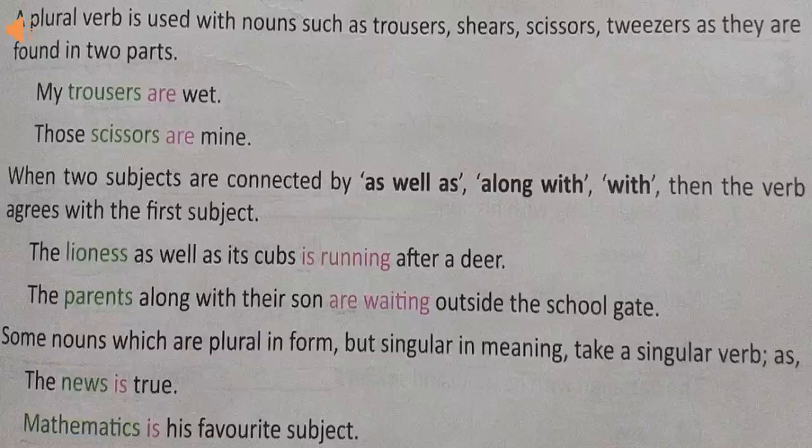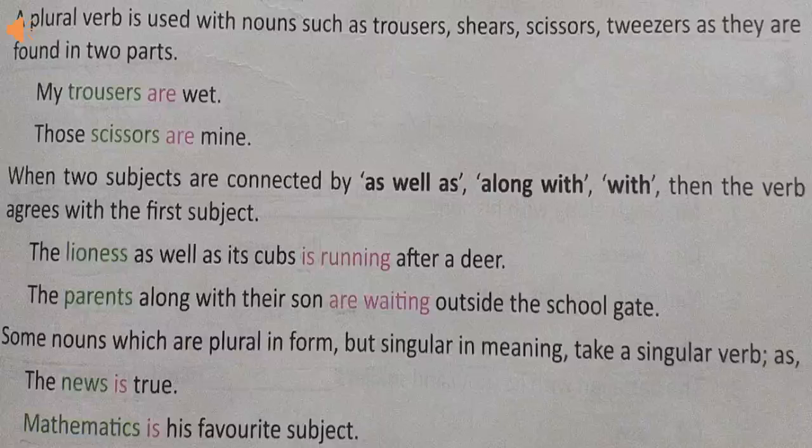In this sentence, the lioness is the first subject. So according to this subject, the verb is is used. The parents along with their son are waiting outside the school gate. In this sentence, the parents is the first subject. So according to this first subject, we have used the verb are, which is plural.